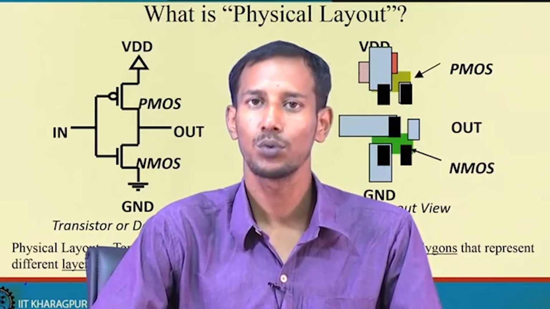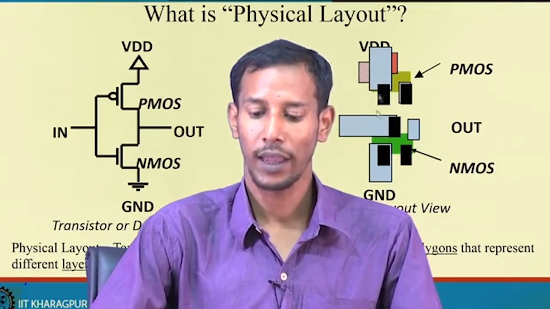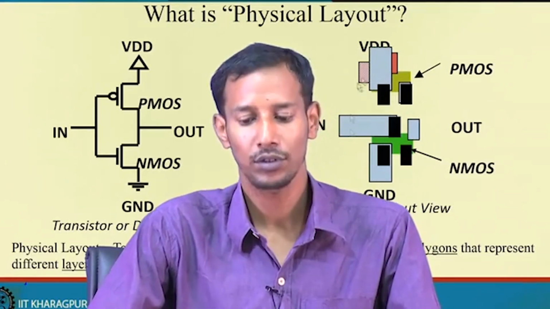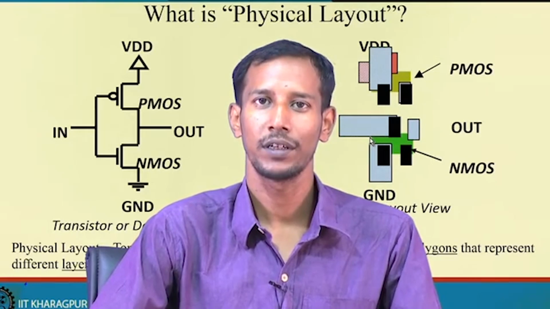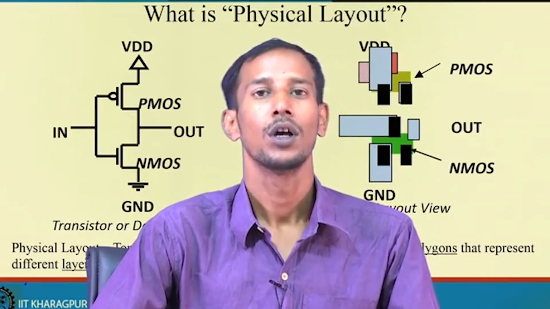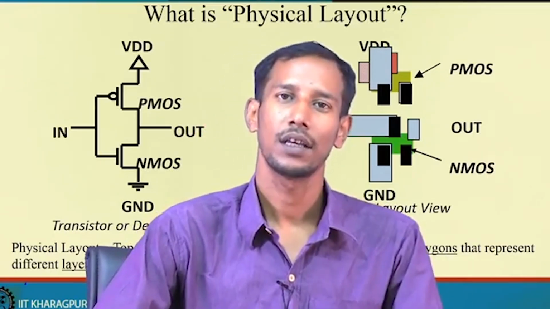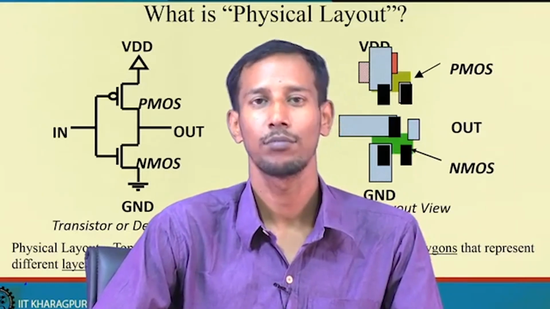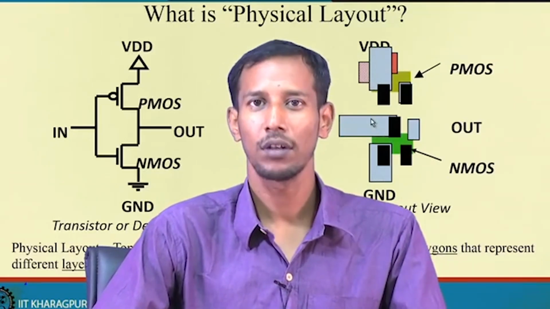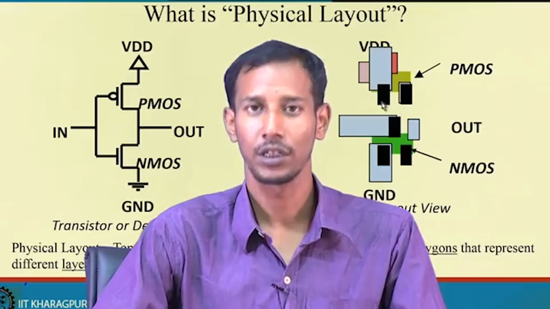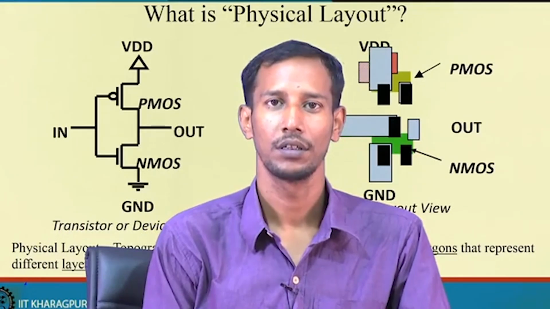So, you use the information for a particular vendor. Suppose I have built this inverter circuit, this geometrical description file will be sent to the corresponding vendor only. There are vendors like TSMC or UMC, and if I use TSMC, I cannot send this information to another vendor for fabrication.